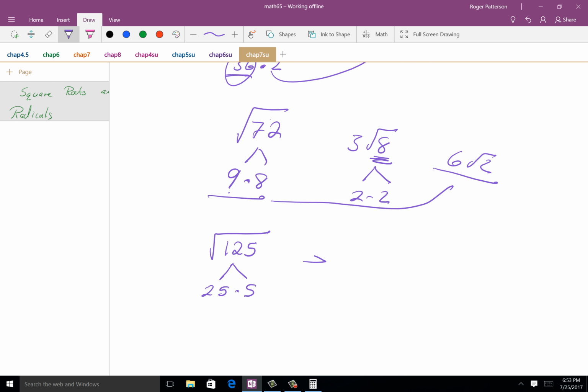So what's the answer going to be? 5 square root 5. Yep. This 5 goes here, and the square root of 25 is out in front. That's how you simplify them.